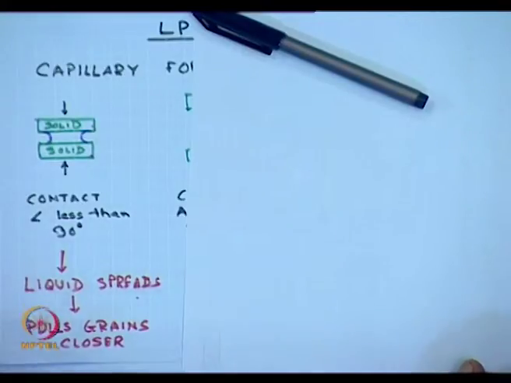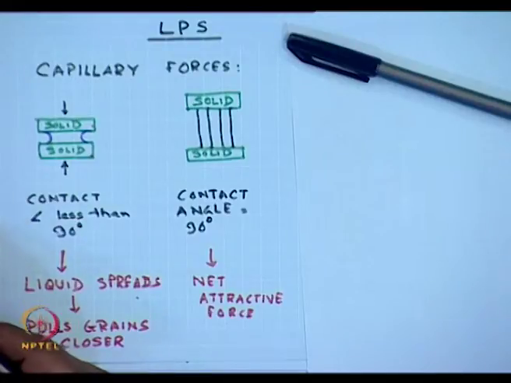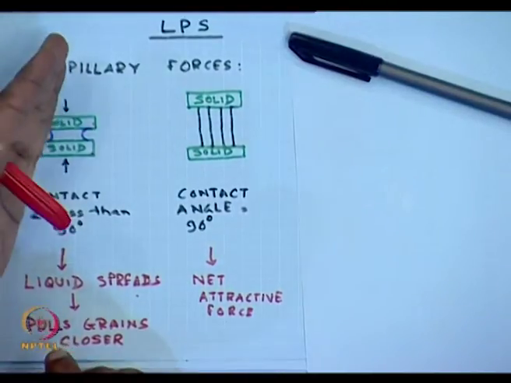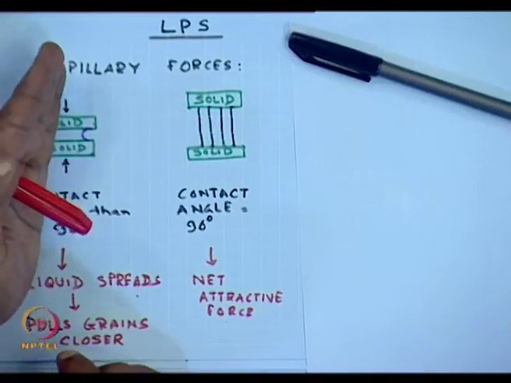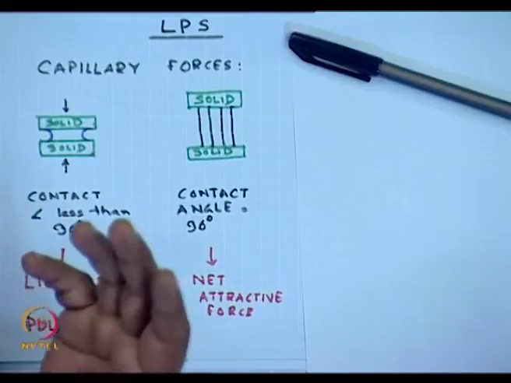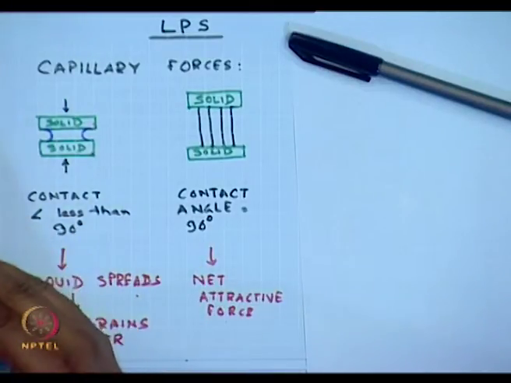However, there is one condition also where the contact angle is 90 degrees. Rare, but it happens. Most of the cases, the liquid has wet the surface and the grains have been pulled together, like I said, you wet dry sand, they pack, and if they are packed more, sintering will proceed faster.